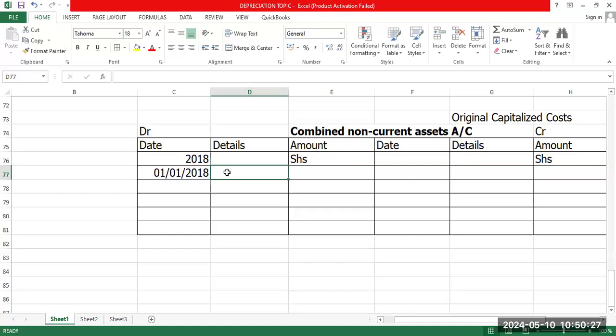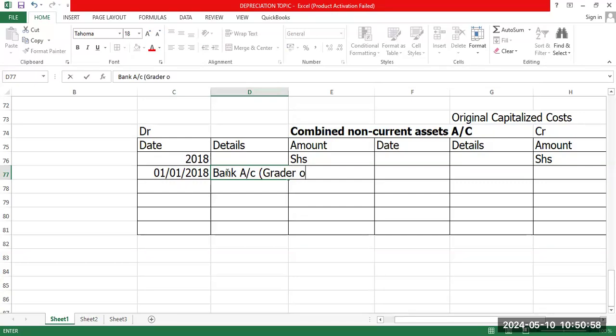Of course, when you're purchasing the asset, your bank account is losing. You need to know which account is gaining, which account is losing. When you purchase, your assets are increasing, and assets increase by debiting. So we put here cash account, rather bank account, and you specify which specific asset did you purchase.